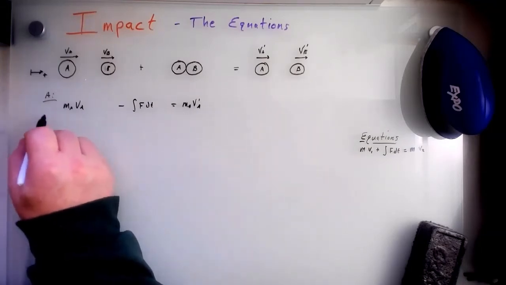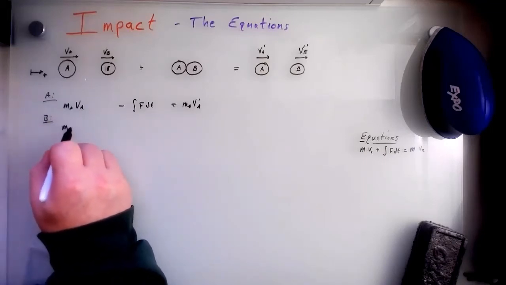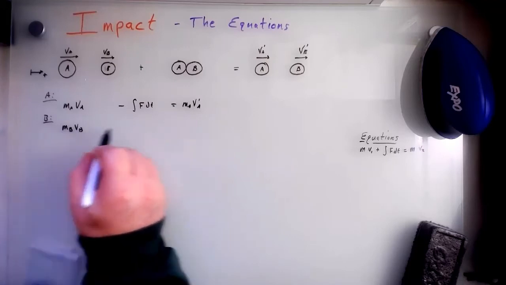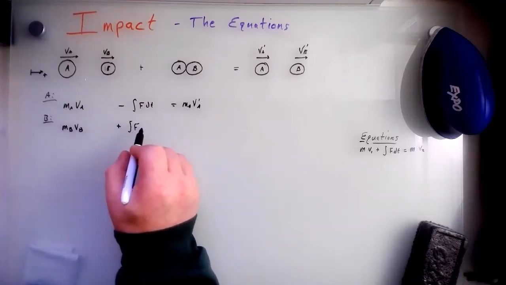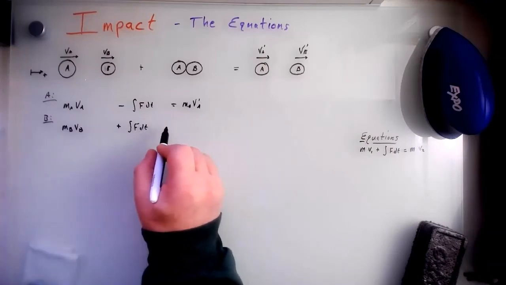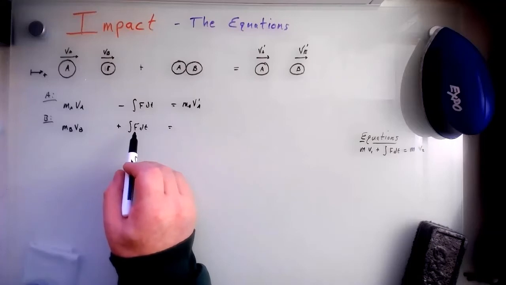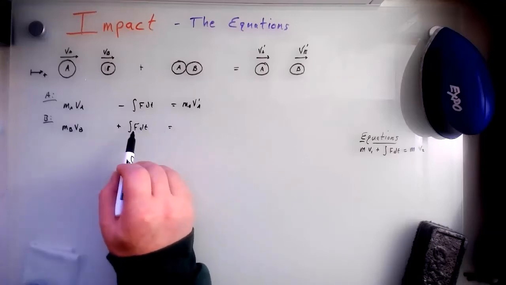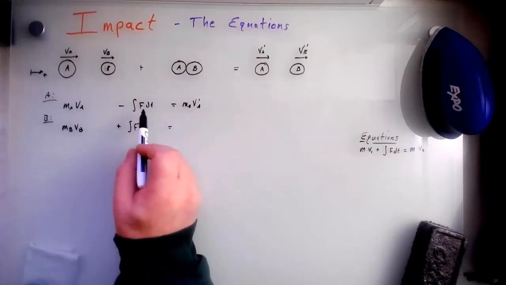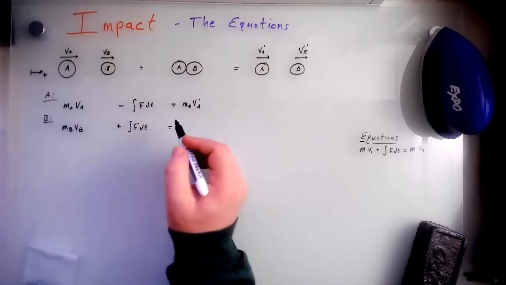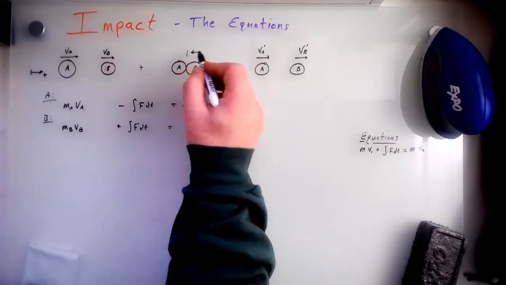Similarly, for B, we start with mB vB. Then we have our impulse, F dt, and note, this is the same impulse, the direction is just reversed, right? So we would think of it like some sort of a force.